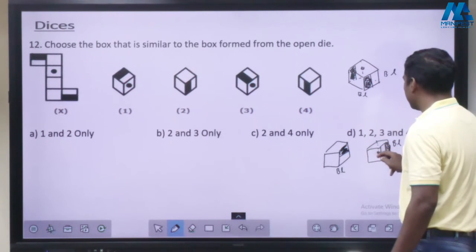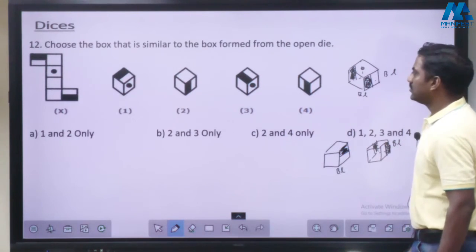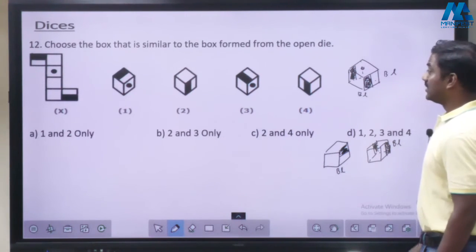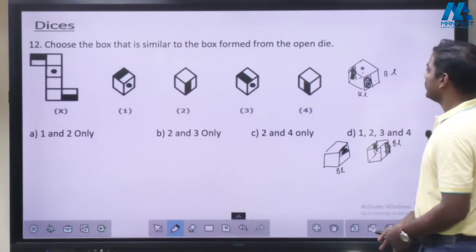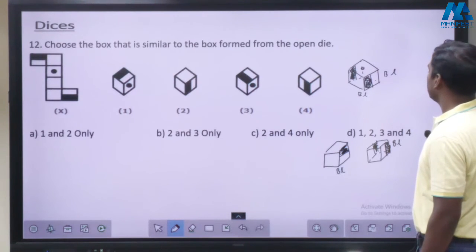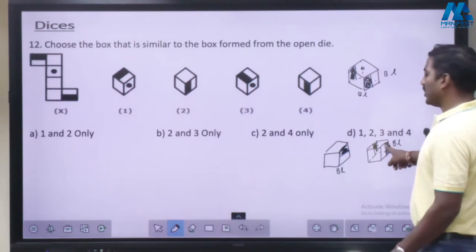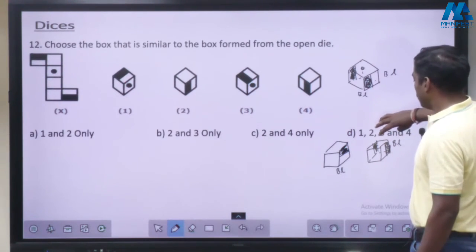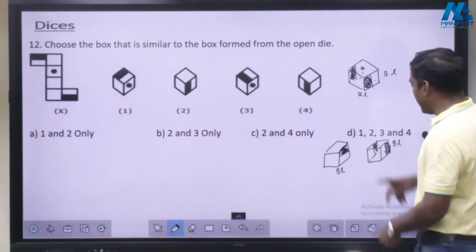And in this case, one more black is here. Any other shortcut that is appearing to your mind? Take this one and turn it like this.